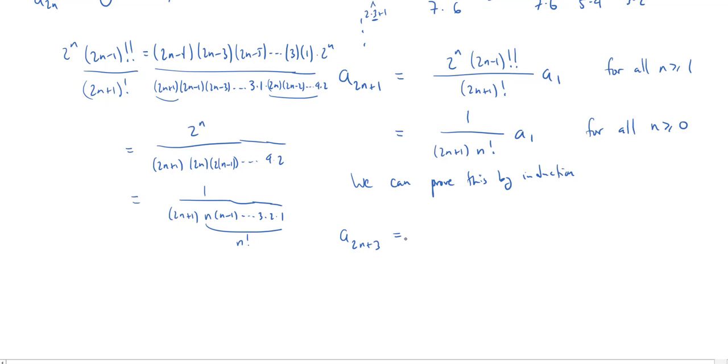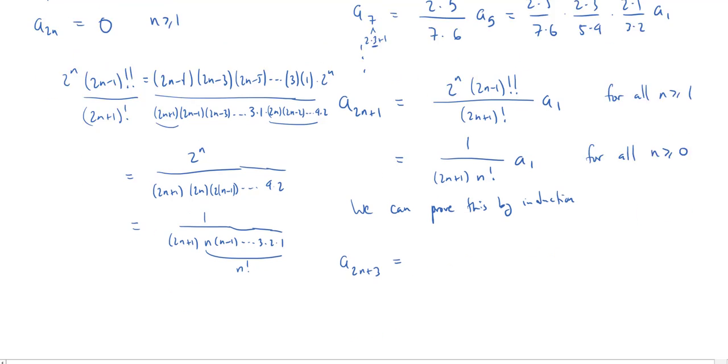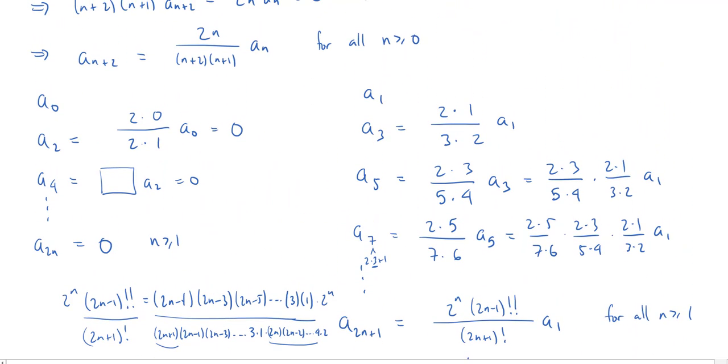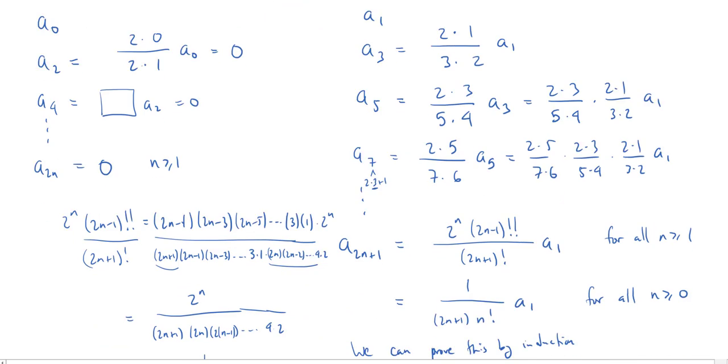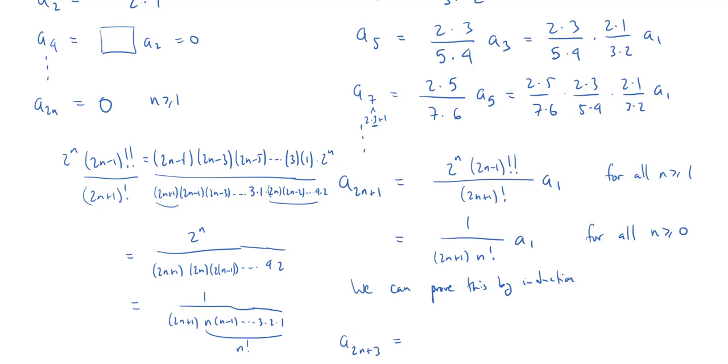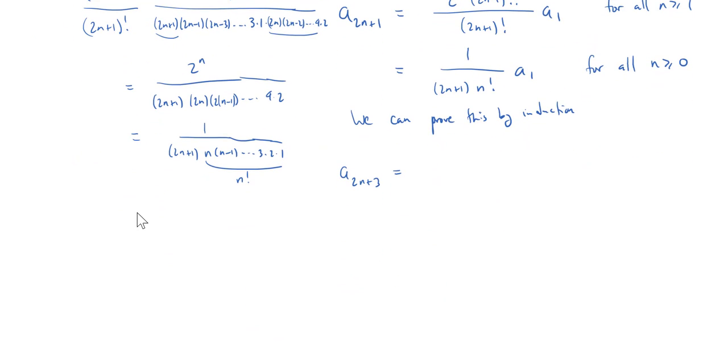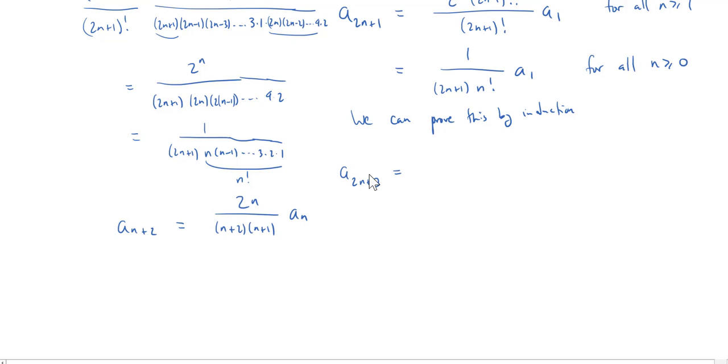So we know that a 2n plus 3, well, let's see, we better get our recurrence relation. All right, let's copy that so we can see it. So bring that down, and put that in. All right, so we can see our recurrence relation. So this is supposed to be 2 times the number which is 2 less than 2n plus 3.